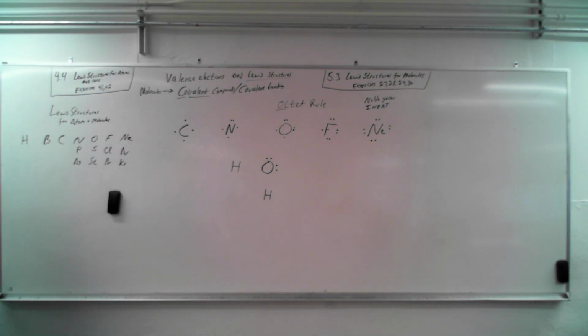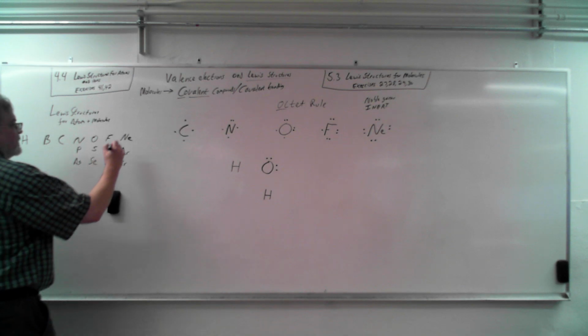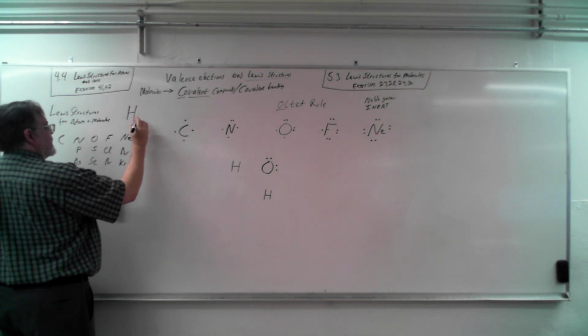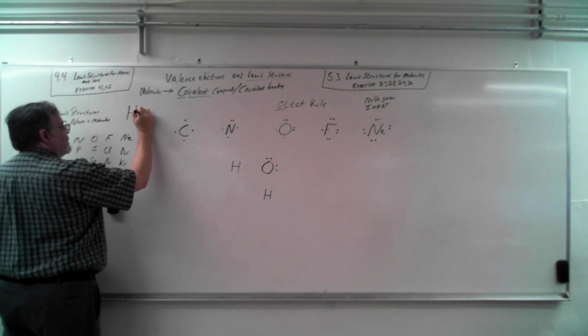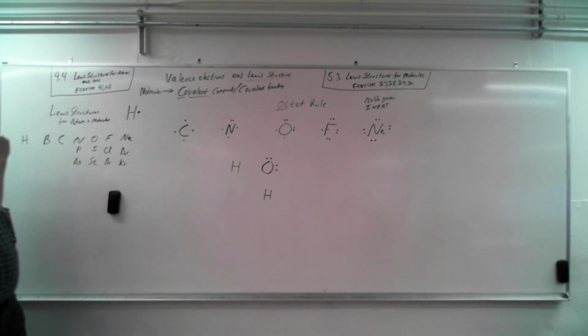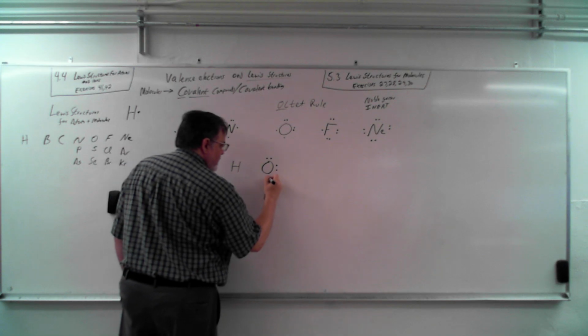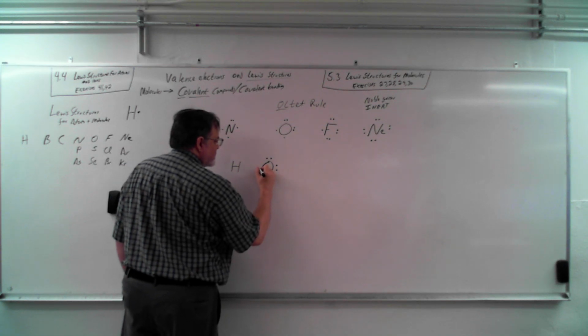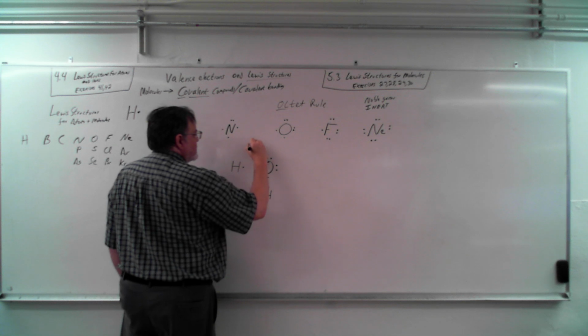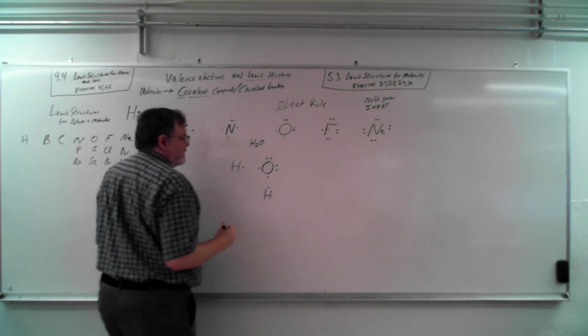If I did the Lewis structure for hydrogen, you would count to the left and you would go 1, so you would just have 1. That's the Lewis structure for hydrogen. Here's the point. There's the Lewis structure for oxygen. Here's the Lewis structure for hydrogen. This is H2O that I'm making.